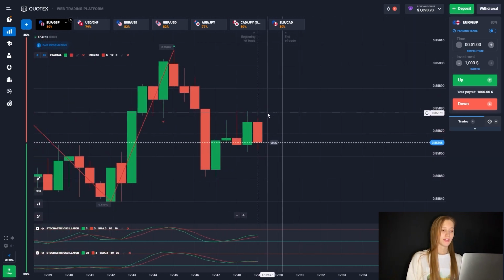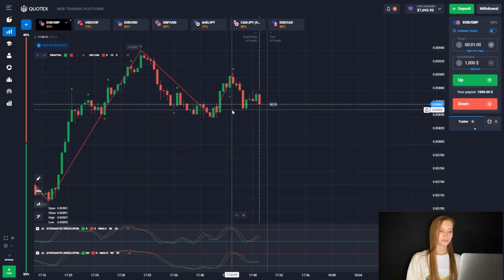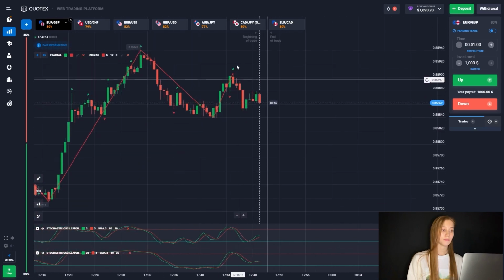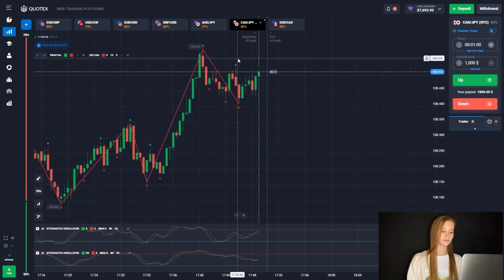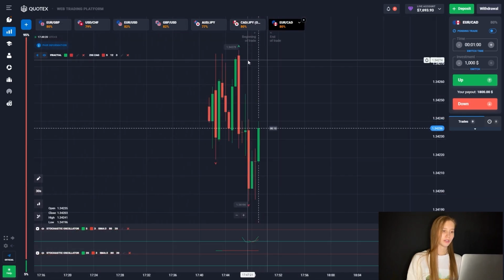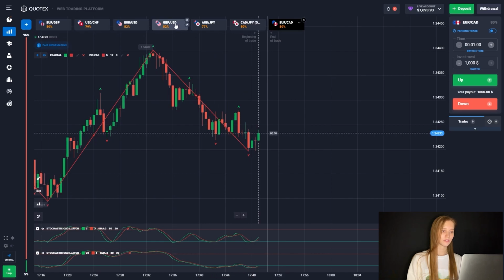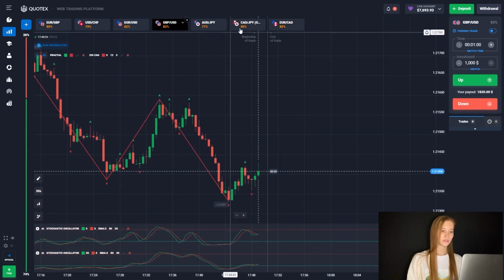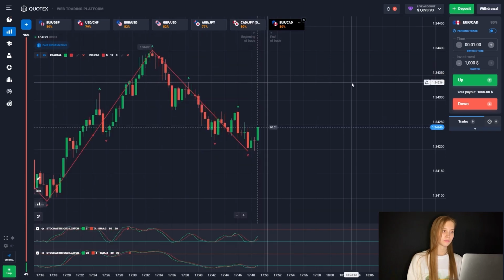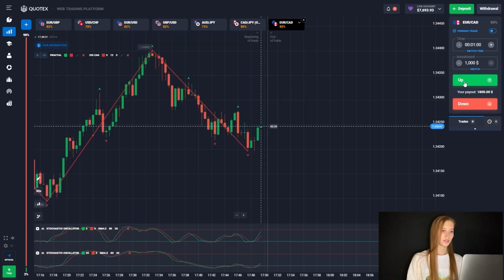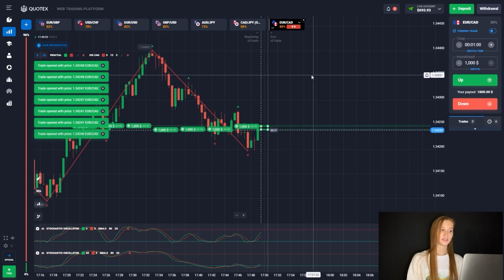And let's change the asset. Select the most appropriate entry to the trade. Look at our chart behavior. And so let's bet on the increase here.